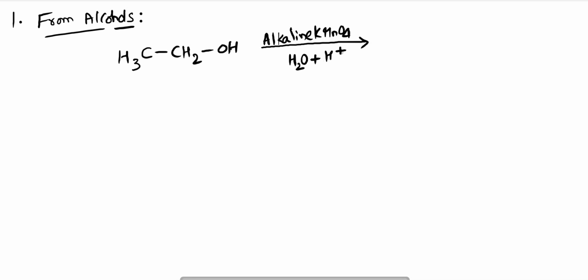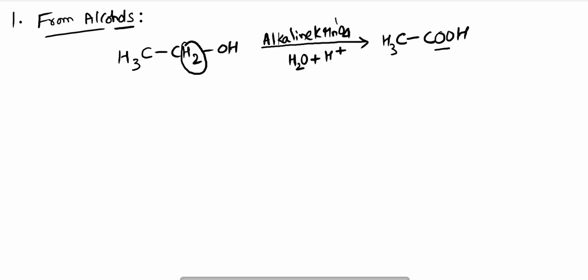If I add all these things, very simple. If you see the difference, the hydrogens on the carbon attached with OH are replaced with oxygen. This is a chemical which removes hydrogens and adds oxygen to the compound.